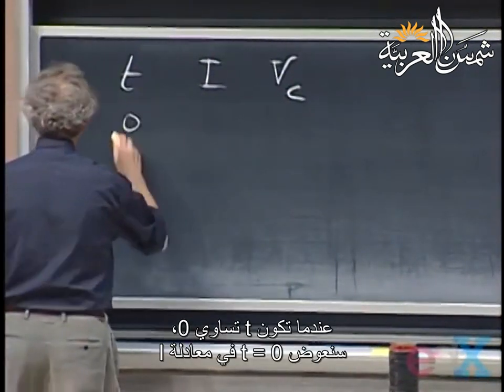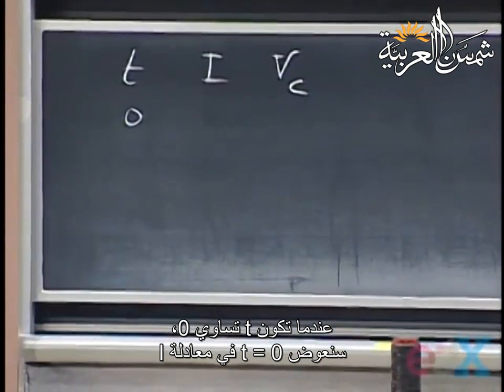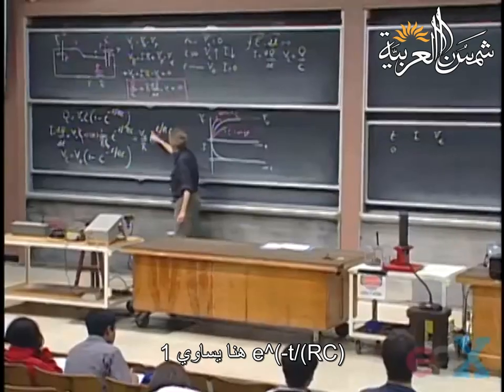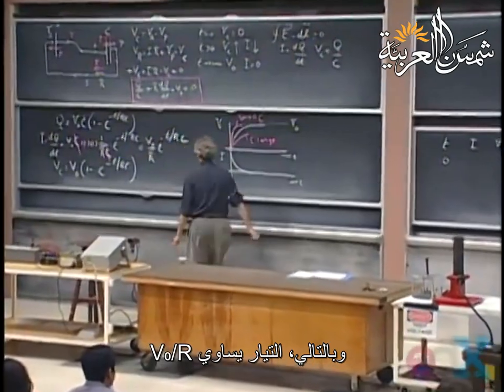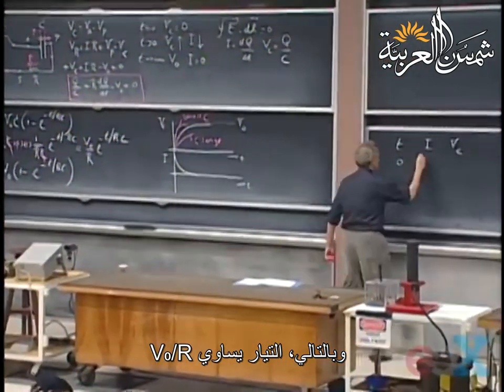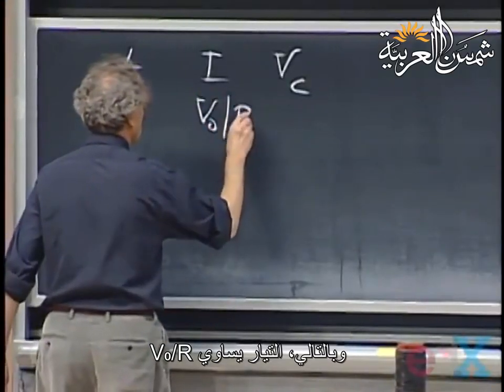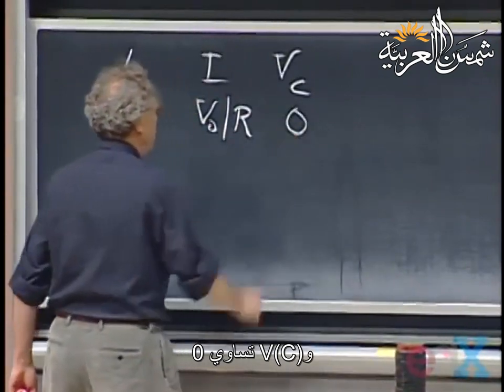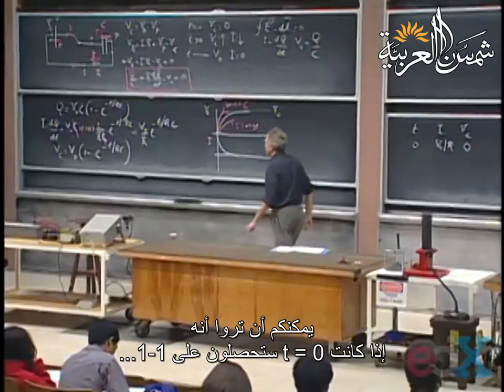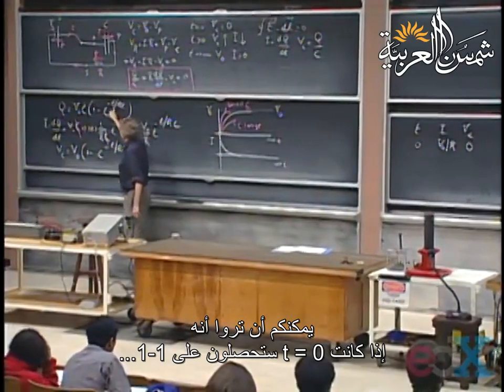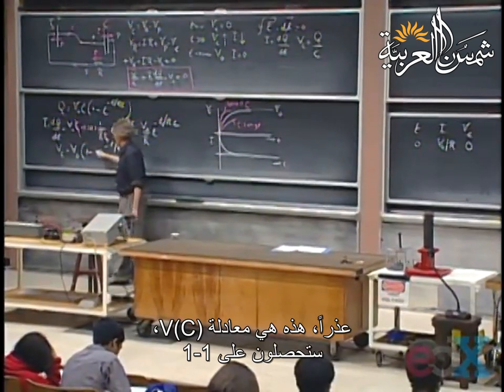And when t is 0, you go to your equation of I, so this is 1, so you have a current V0 divided by R. And V of C is 0. You can see that. If t is 0, you get 1 minus 1. Oh, sorry, I have to go here.